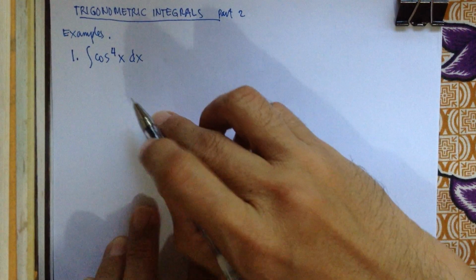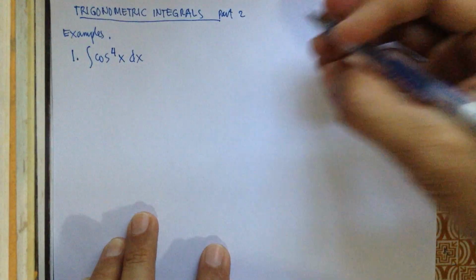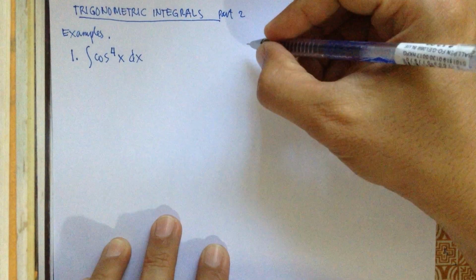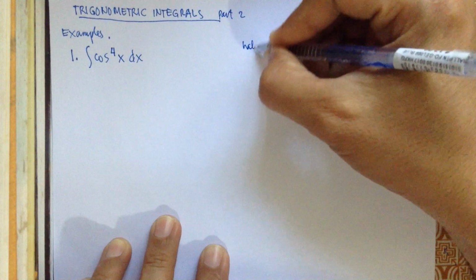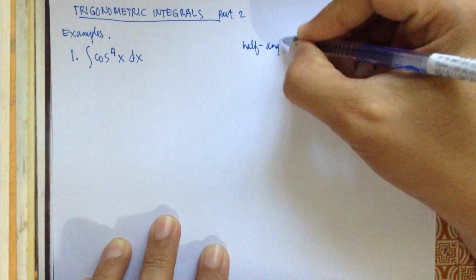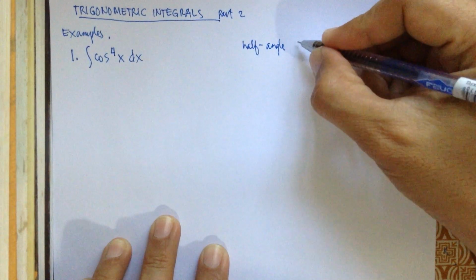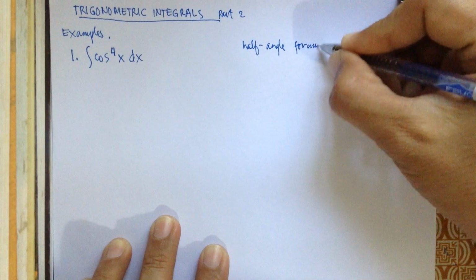In determining the integral of this, we will be utilizing an identity from trigonometry. We call this the half angle formula.